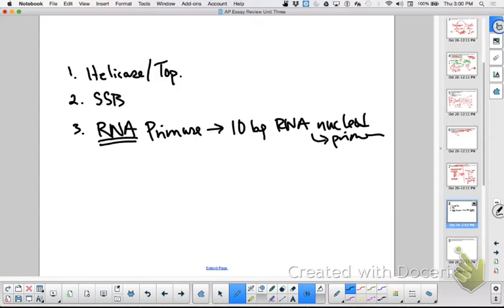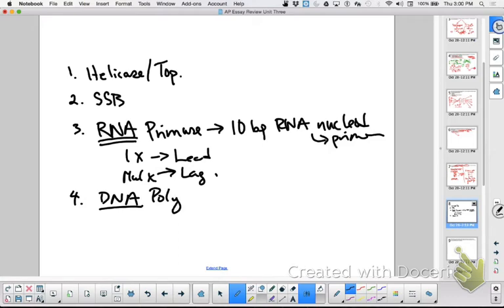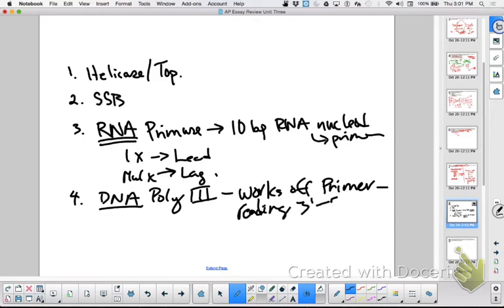And then I would say you need to do it 1 time on the leading strand, and multiple times on the lagging strand. What's the next one you would use? Polymerase 3. Yep, DNA poly 3 works off the primer, reading 3 to 5, making 5 to 3.